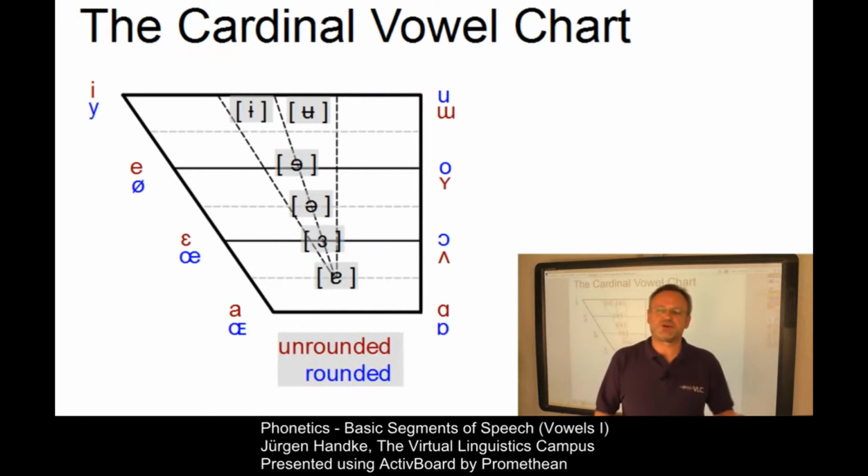This chart now serves as a reference system for all sorts of vowels that are used in the languages of the world. They can be classified by means of reference to these cardinal vowels.